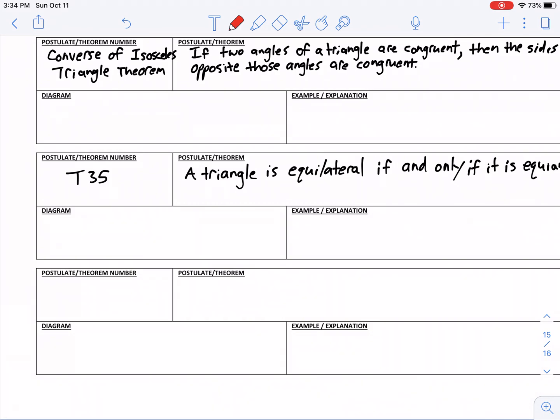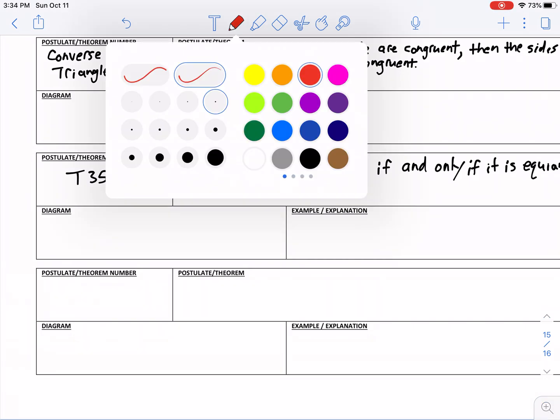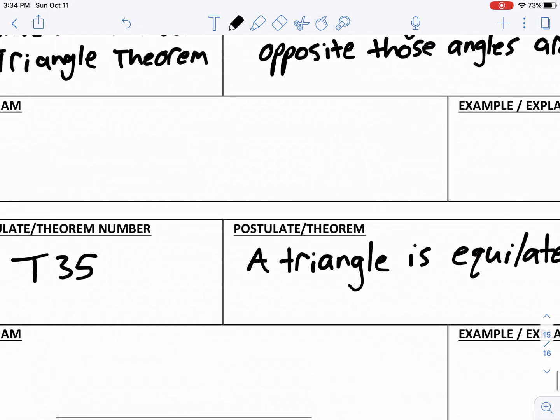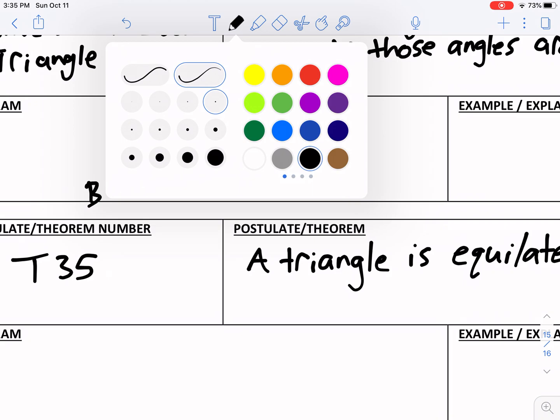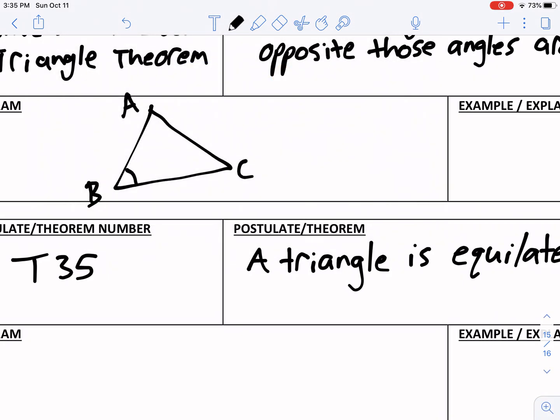Then the converse is just the flip of that. It says if the base angles are congruent, then the sides are congruent, okay? So if two angles of a triangle are congruent, then the sides opposite those angles are congruent, okay? So similar situation here, again going back to our ABC. It's just the same thing in reverse order. This says if I know that angle B is congruent to angle C, and they have the same measures, then their sides would also be congruent or have the same measures.